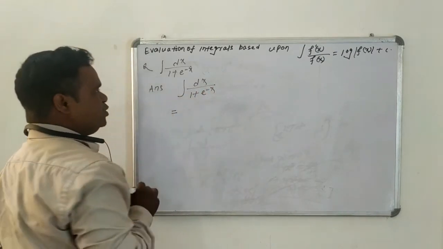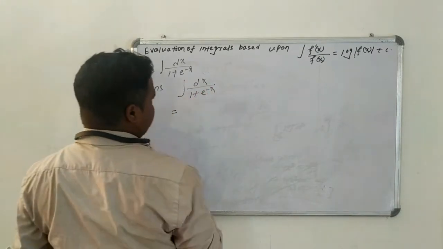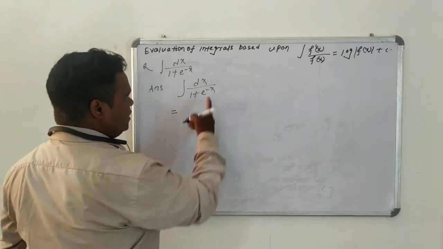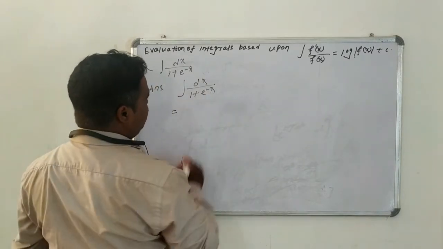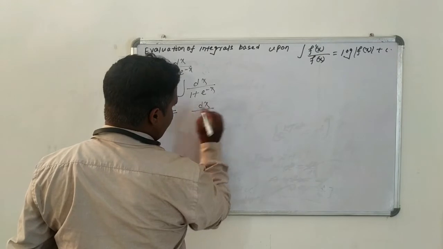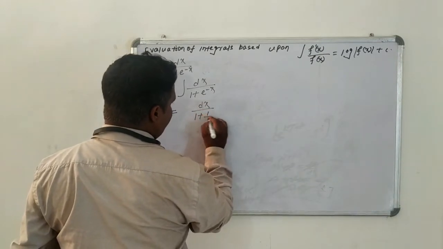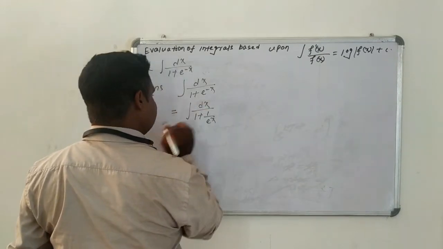Firstly, in this given integration, 1 plus e to power minus x, first convert this exponential function from the minus part to plus part. So this value equals integral of 1 divided by 1 plus 1 divided by e to power x.